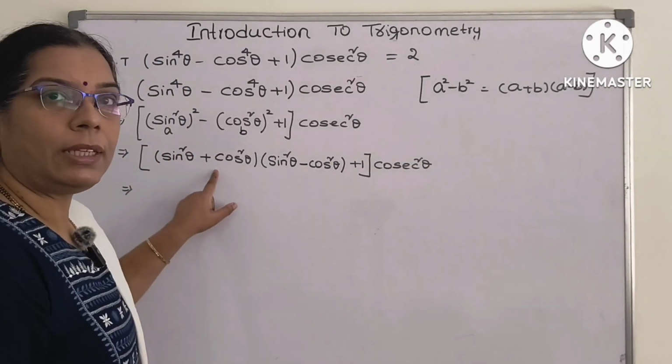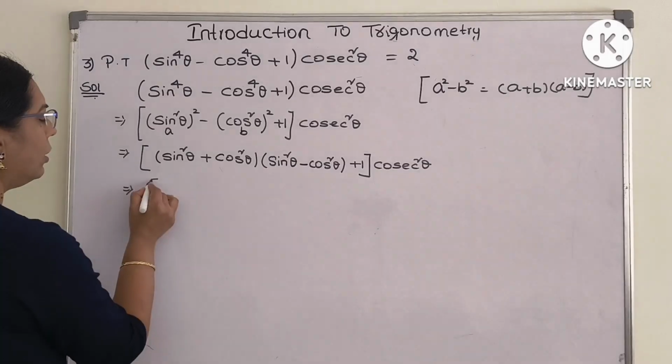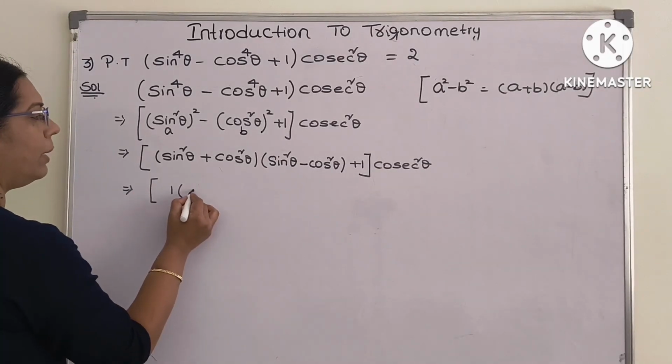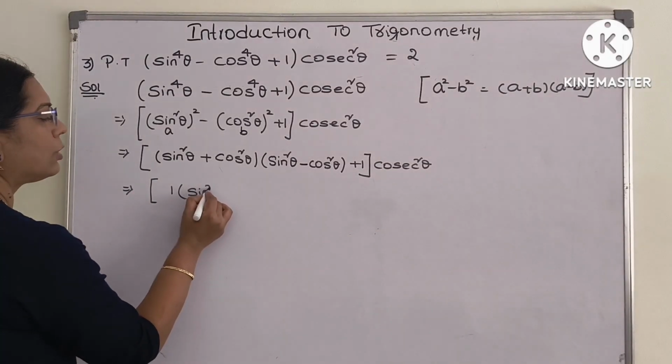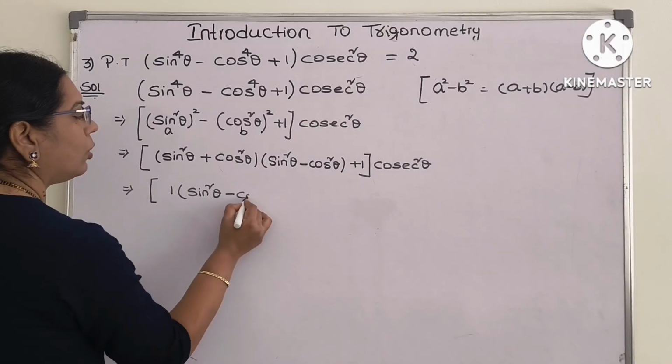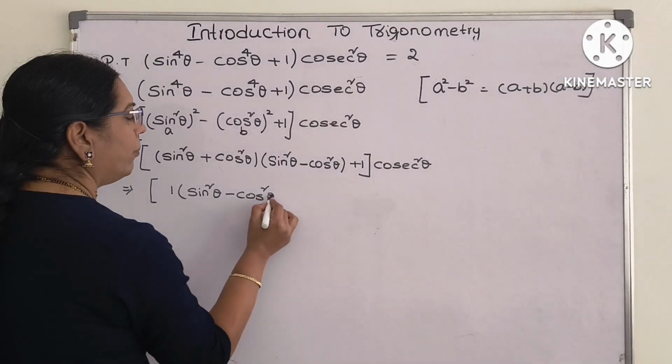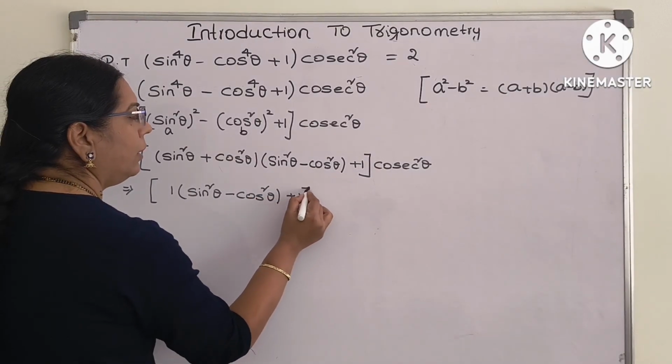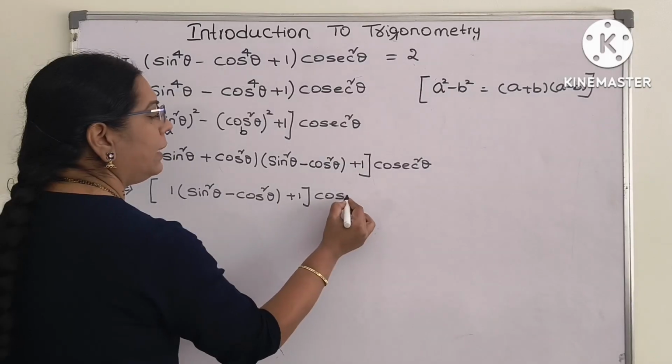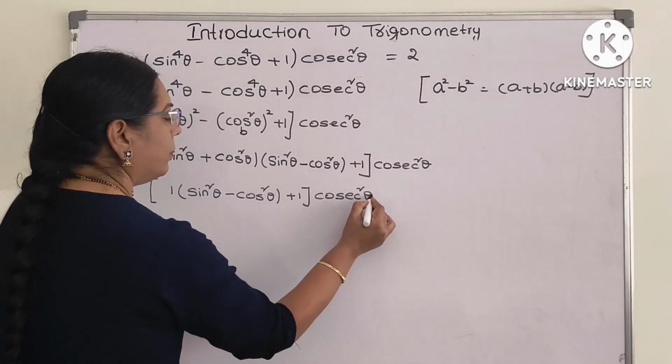And you know sin²θ + cos²θ is 1. So this will become 1 multiplied by (sin²θ − cos²θ) plus 1 into cosec²θ.